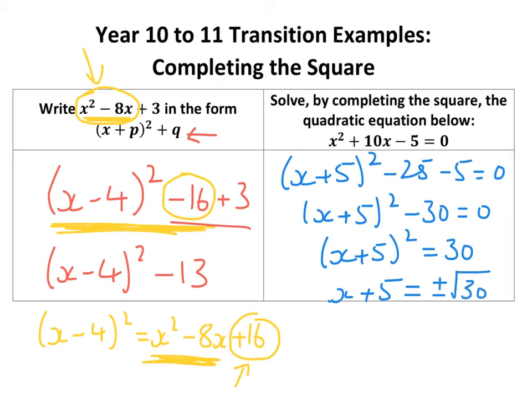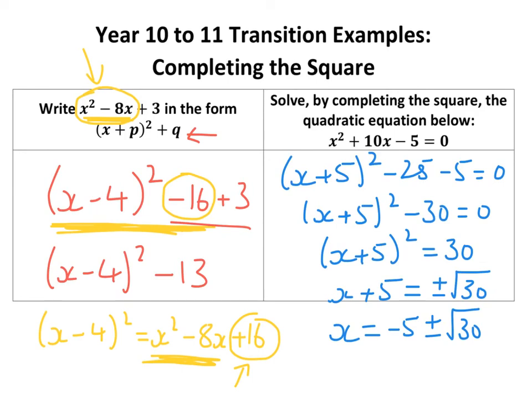Now you can simplify that if you like, although it's not particularly nice. Actually it won't simplify, I don't think. So my 2 answers are minus 5 plus or minus the square root of 30. So 2 answers, minus 5 plus root 30, and minus 5 minus root 30.